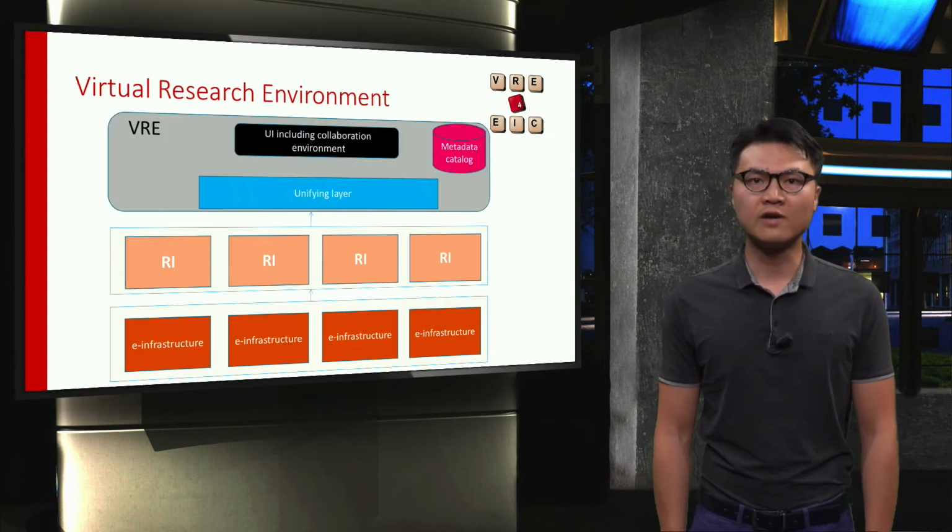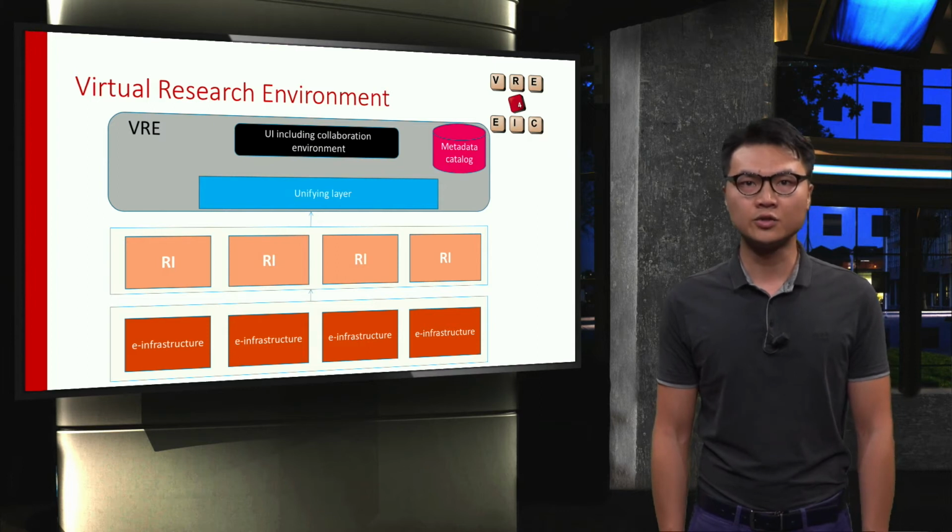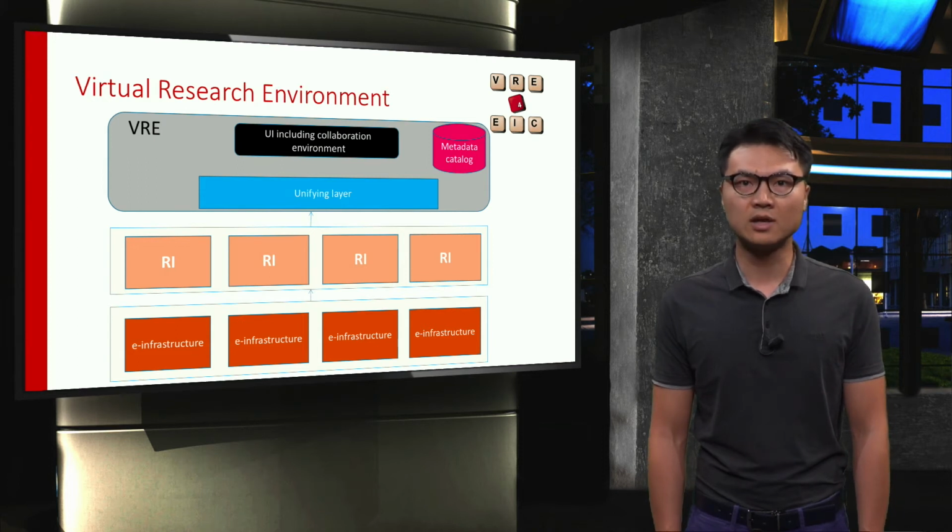The VRE provides online environments for its users to cooperatively work together and to conduct various research activities. VRE supports research by interconnecting between the multiple underlying ERIs supported by E-infrastructures, while the VRE users neither know nor care about the underlying E-infrastructure.